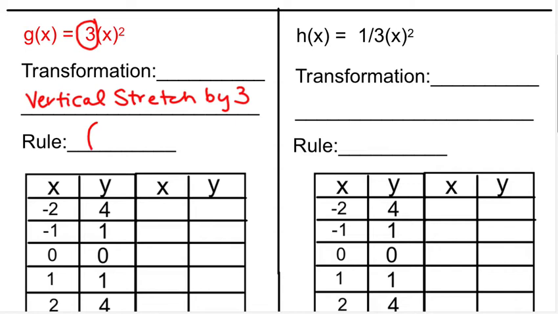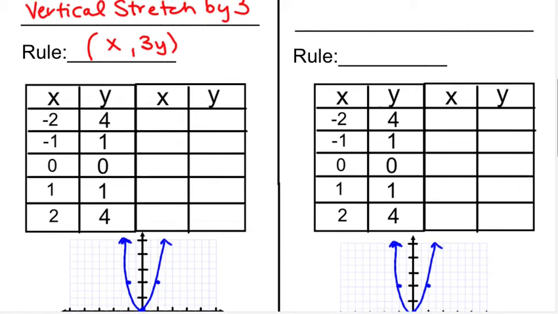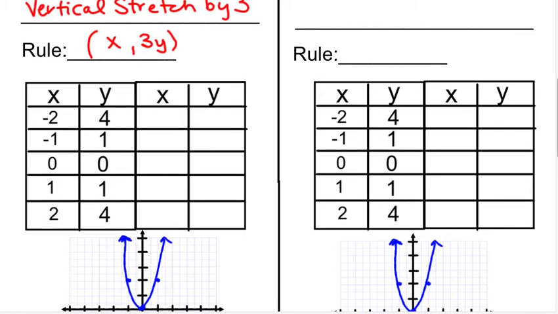So as a rule, we're going to be multiplying every y value by 3. The x is going to stay as it is. So if I come down to these boxes, all of my x's stay as they are, -2, -1, 0, 1, 2, from its parent.